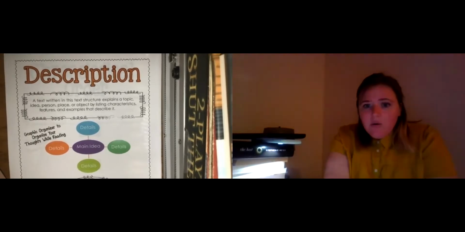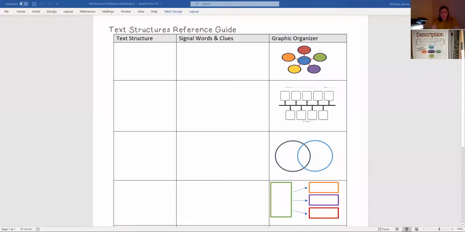Okay, so you should have your handout that looks like this. Up in the right-hand corner, it says Monday, so you know you're on the right one. Okay, so if we look, the first text structure that we just talked about is called description.